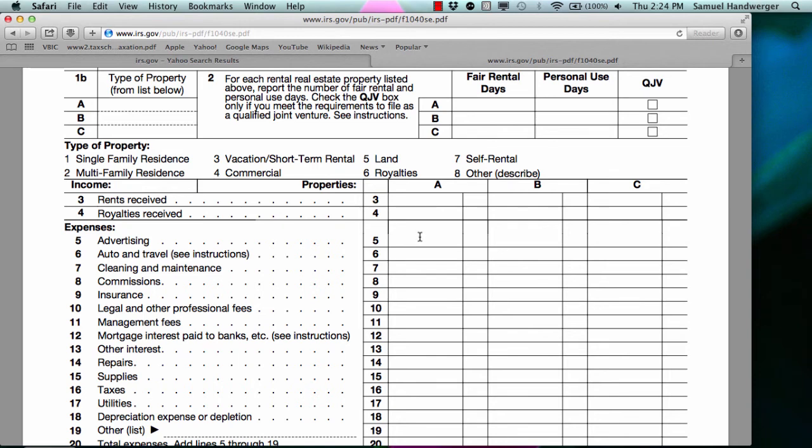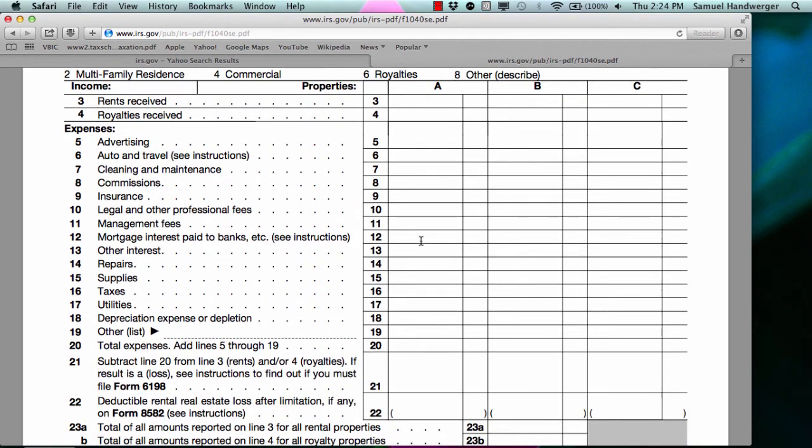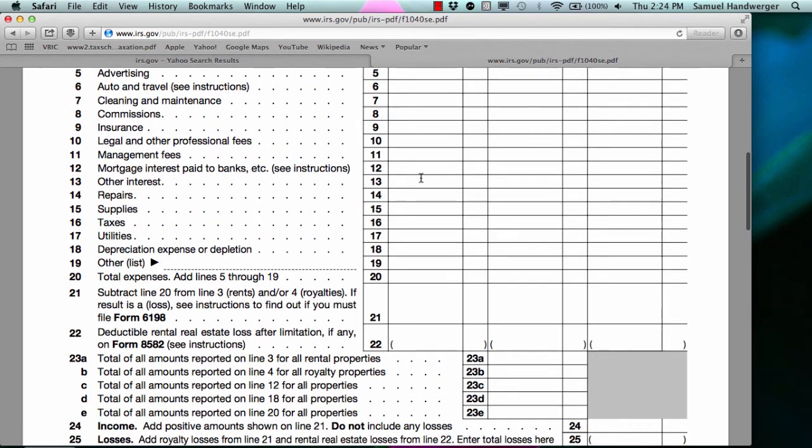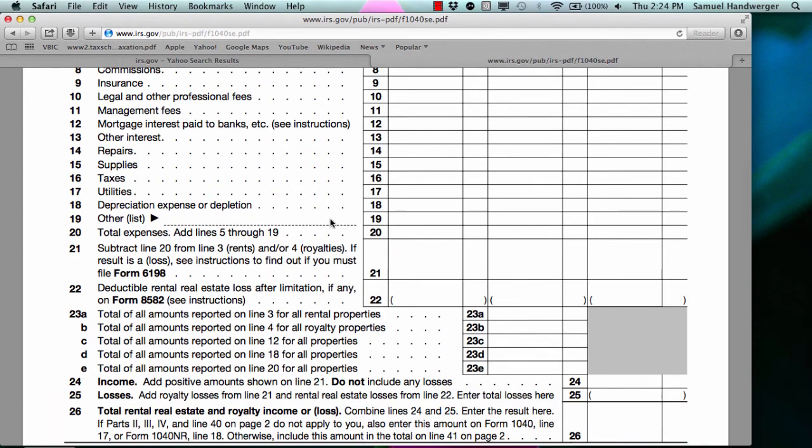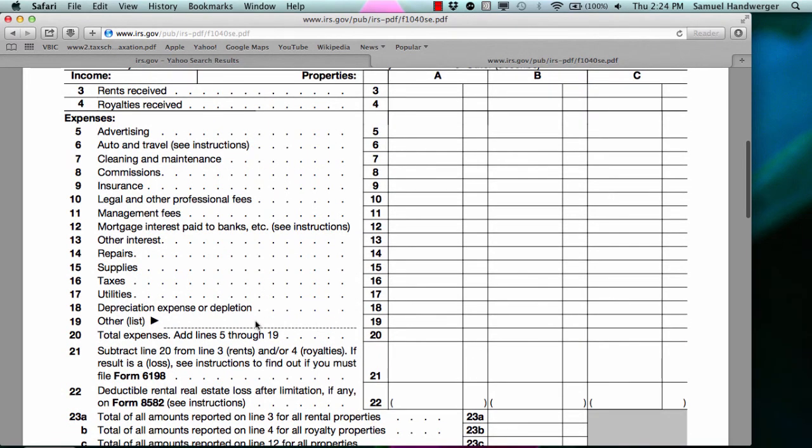And even if they're not reported on a 1099, you're supposed to report all the rents you received. And then you record your expenses just like a profit and loss statement describing the categories of expense, including depreciation down here, line 18. And if you have others that aren't included in this list, you can make a separate list and tell what those are.